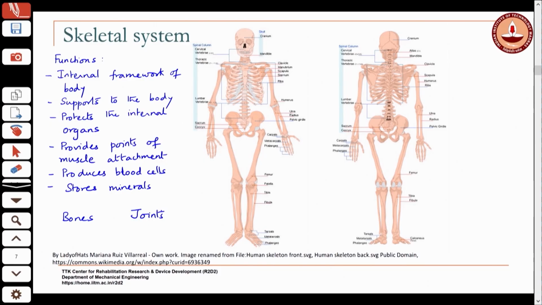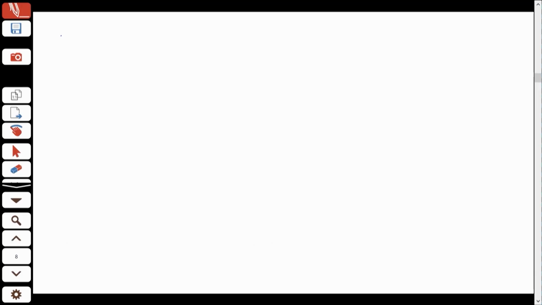They are connected to each other, and there are about 206 bones in the body in adulthood. As children you actually have many more bones, but as you grow older the bones fuse together, and adults will typically have a total of 206 bones in the body.